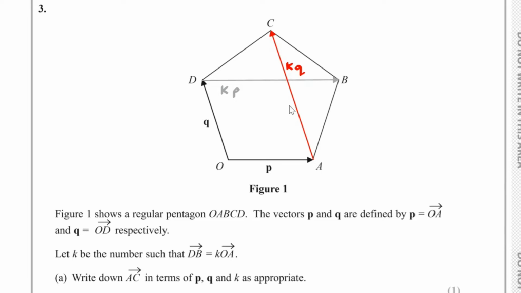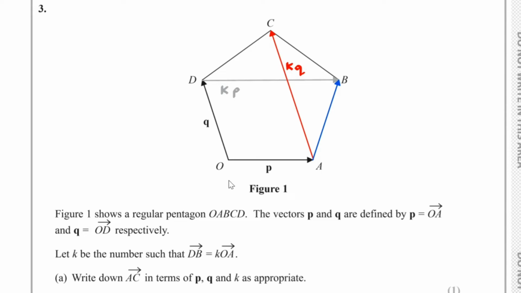So let's say we want to find the vector AB. See how that could help us? Well, the reason it's useful to find out what AB is, because that will allow me to find out what OC is somehow.